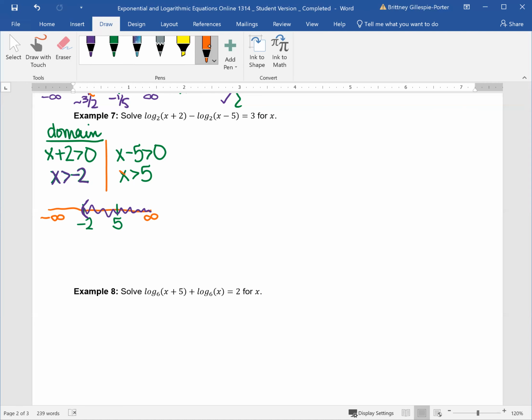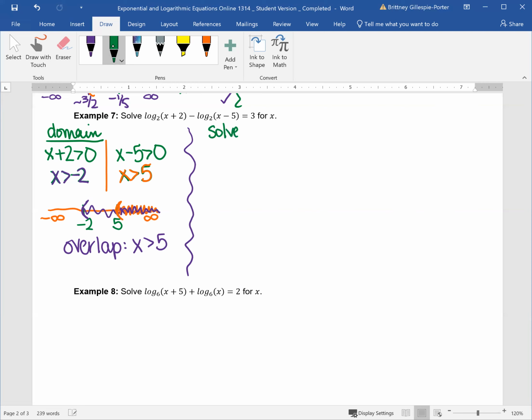And if we're looking at x greater than 5, that's 5 on up into infinity. We notice that they overlap at x greater than 5. So here, our answer has to be greater than 5. Now that we found that, let's go ahead and solve it.